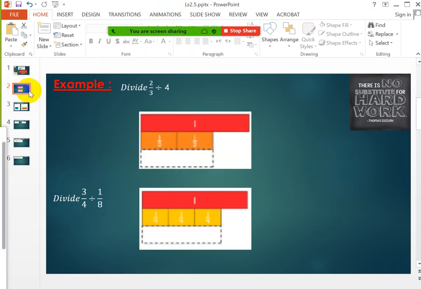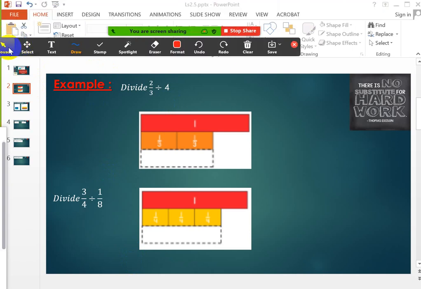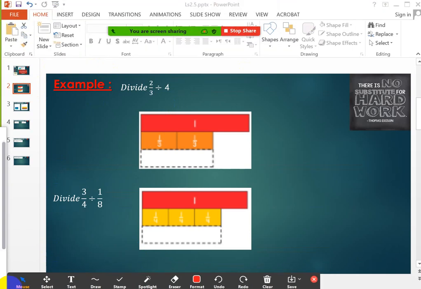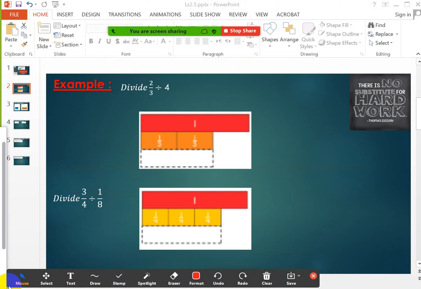Look, when I want to divide a fraction by using a model, the model that represents the fraction is the fraction strip. You remember, fraction strip, right? The fraction strip is like a rectangle, as you remember, and this rectangle is divided into equal parts, right?